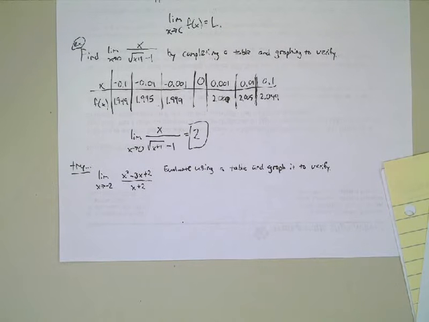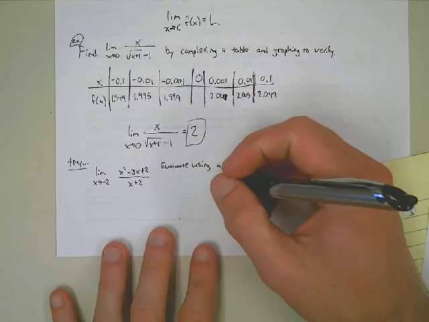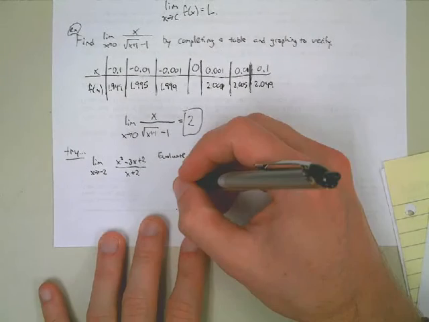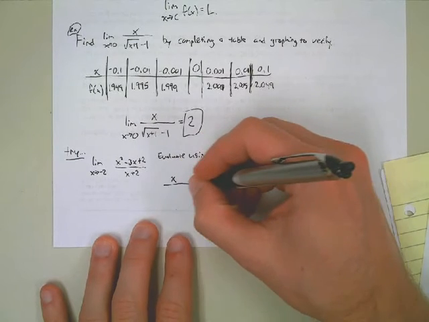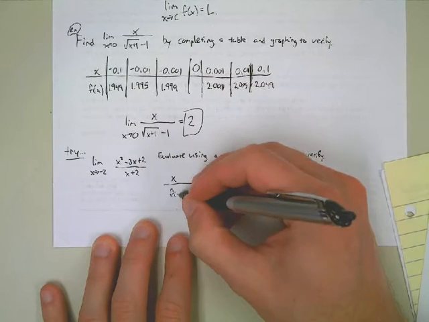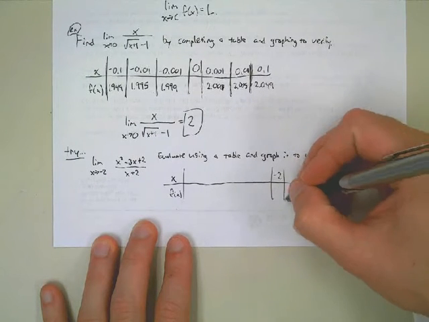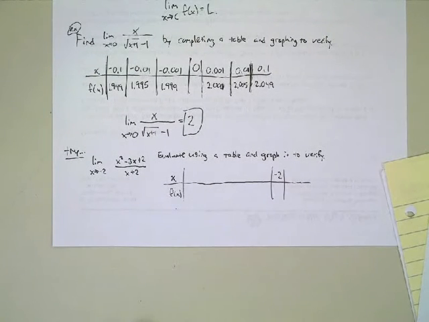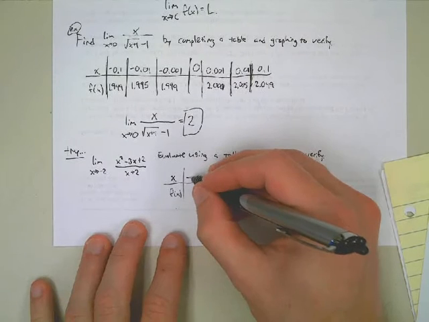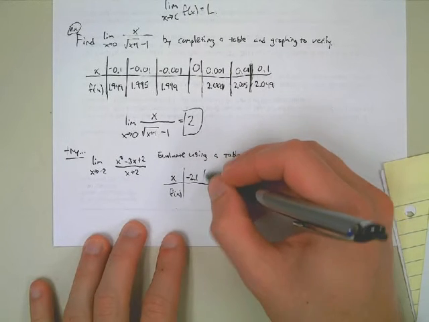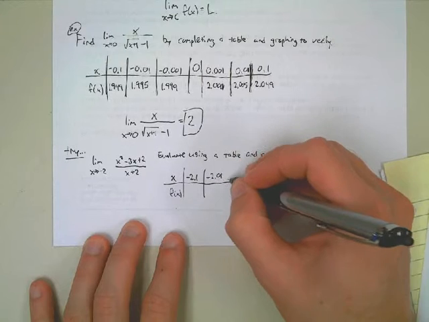In fact, I'm going to go ahead and start writing my table just so you guys can check yours versus mine. So let's see here. We're going to approach -2. To approach -2 from the left, I want to start at something like -2.1, and then -2.01, and then -2.001.